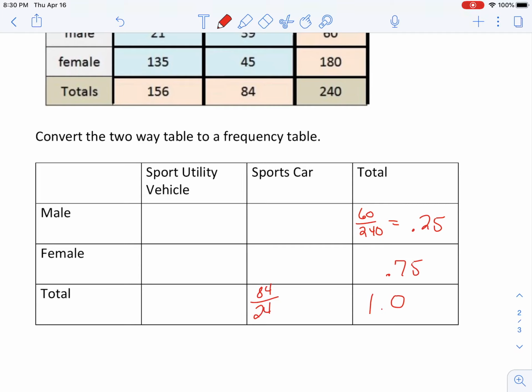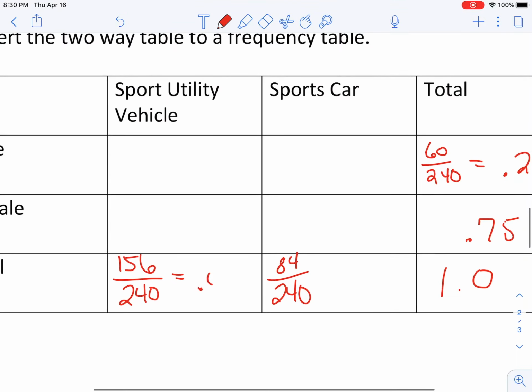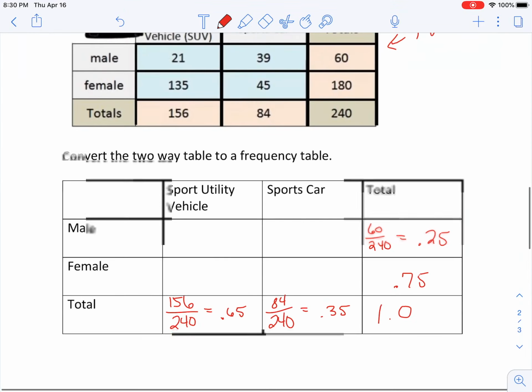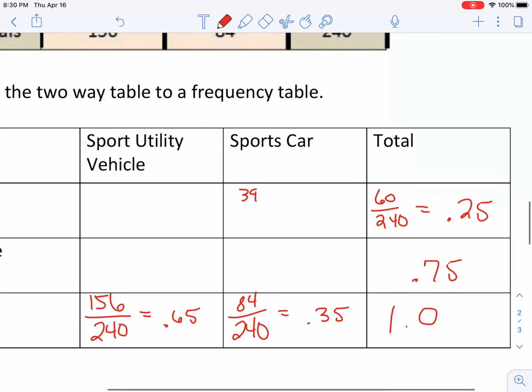This is 84 out of 240. This is 156 out of 240. I don't expect you to know all these off the top of your head. You can obviously use a calculator, which is 0.65, which means that this has to be 0.35.